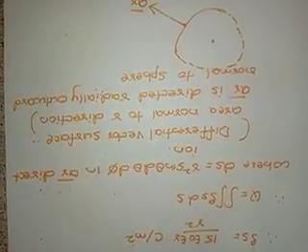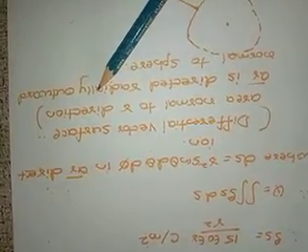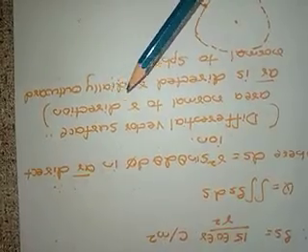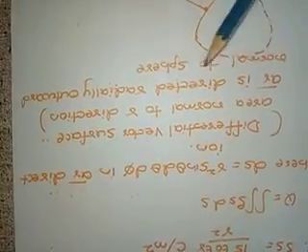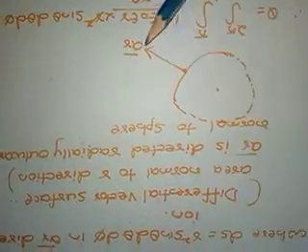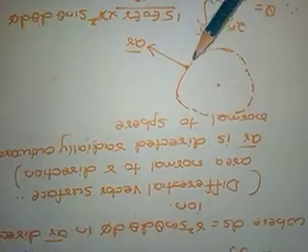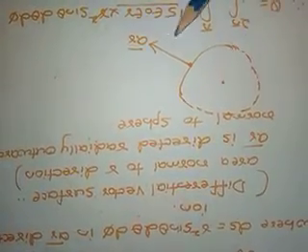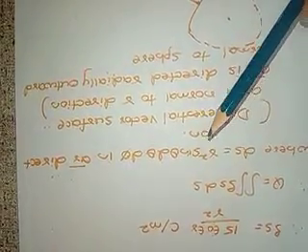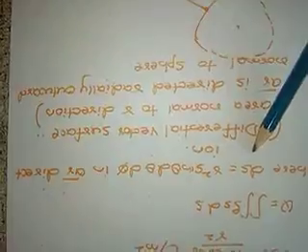In the spherical coordinate system, the differential vector surface area normal to r direction, a_r, is directed radially outward, normal to the sphere. This is what I have shown here in the sketch. It is directed perpendicular to the sphere. So we get r square sine theta d theta d phi, the equation for ds.